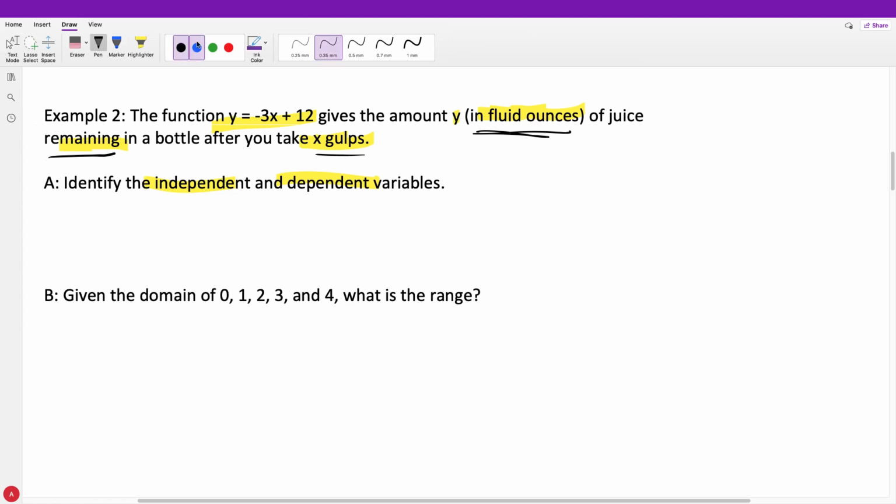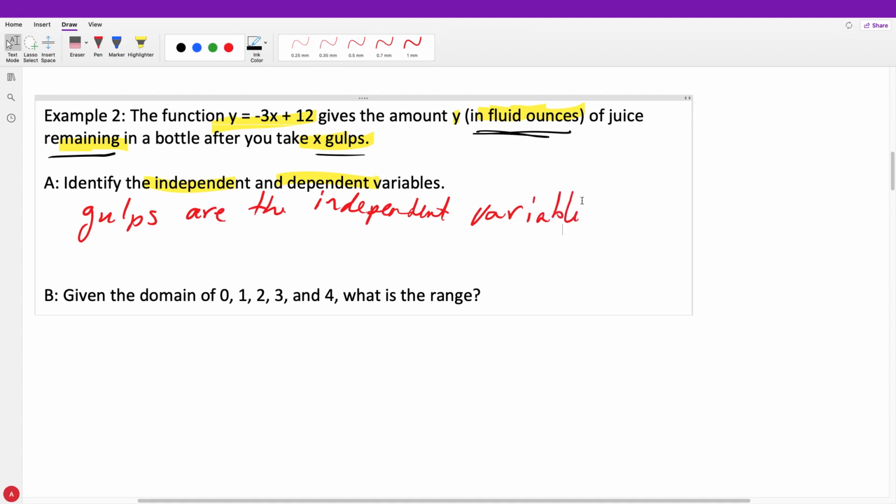So in this case, the gulps are the independent variable, because first off, you can decide how many gulps you want to take.